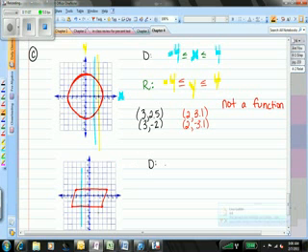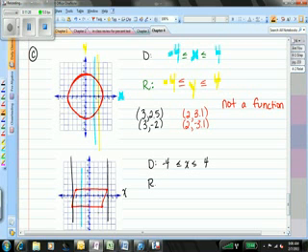On this one, what's the domain? On the x-axis, what's my highest number? No, it's not 3.5. 4. What's my lowest? -4. Okay, x in the middle, and make it a compound inequality.